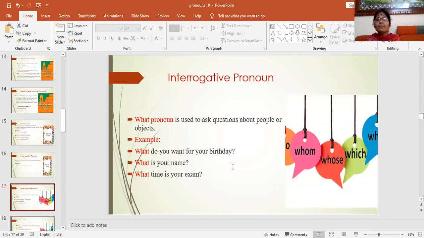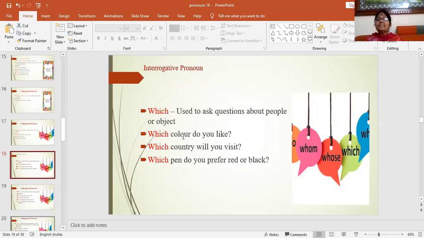So we can frame questions like this. What is this? We can ask like that also. Next is the interrogative pronoun which. Which is also used to ask questions about people or objects.